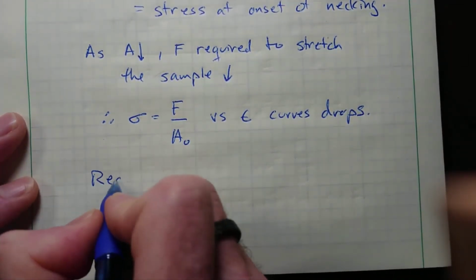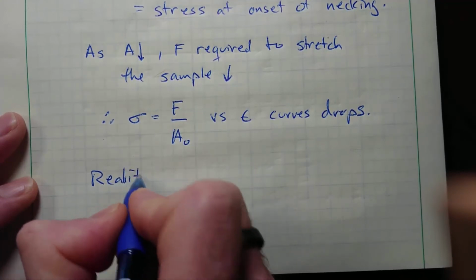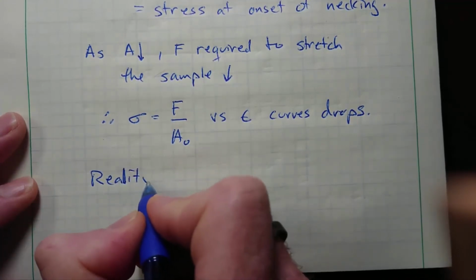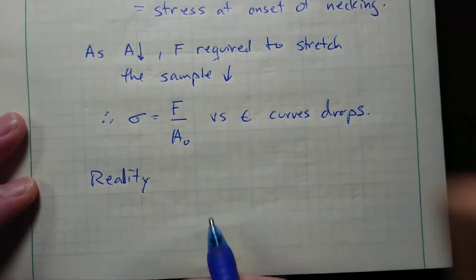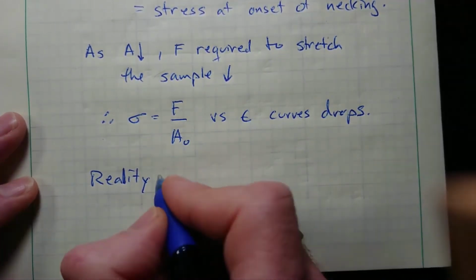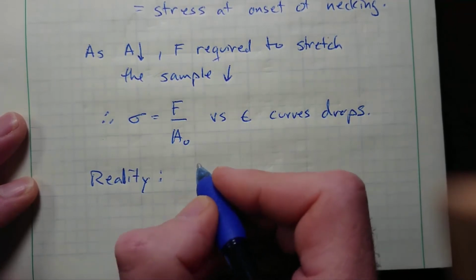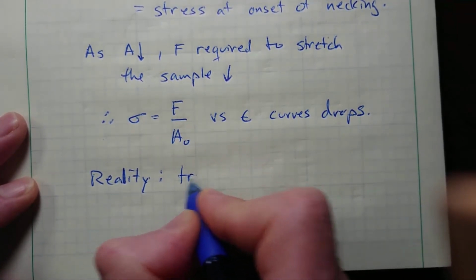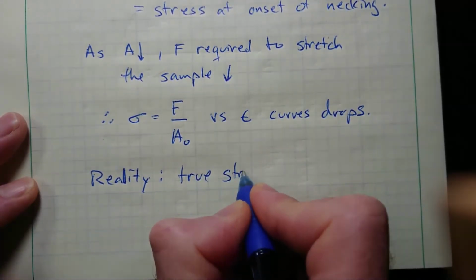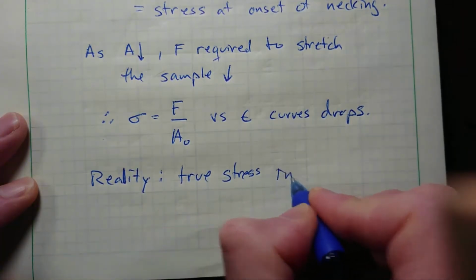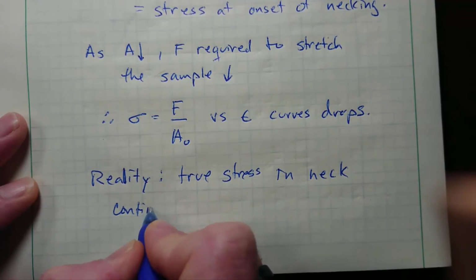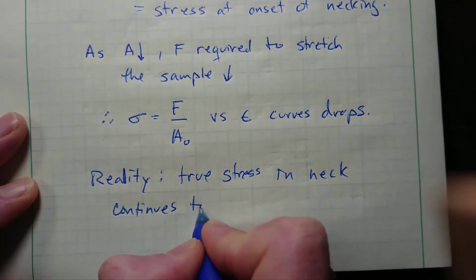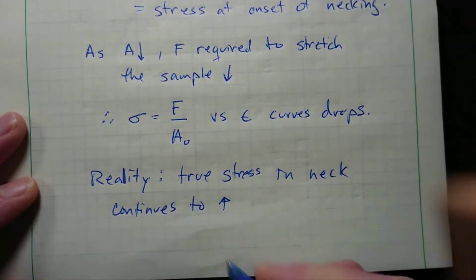Now, in reality, in terms of what's the real true stress that's going on in the sample, something that's not based on an original area, which is no longer truly accurate, the reality is that the true stress in the neck continues to increase.